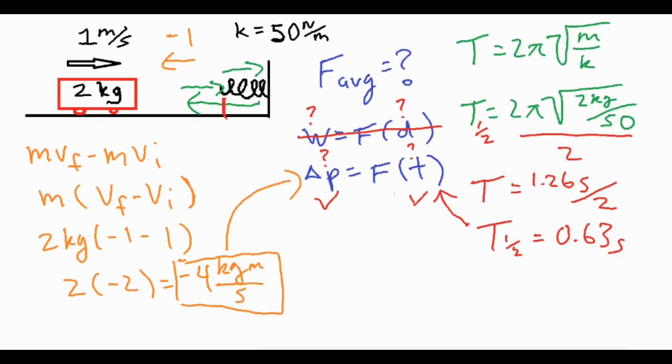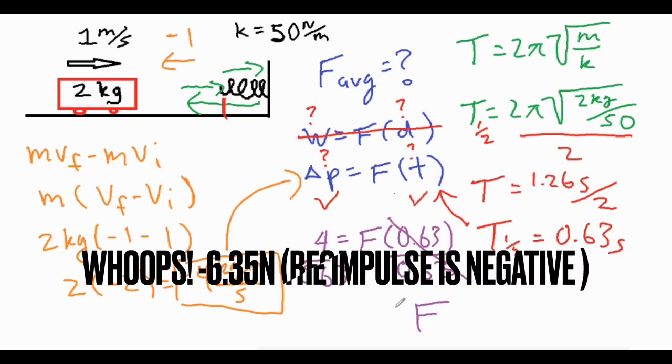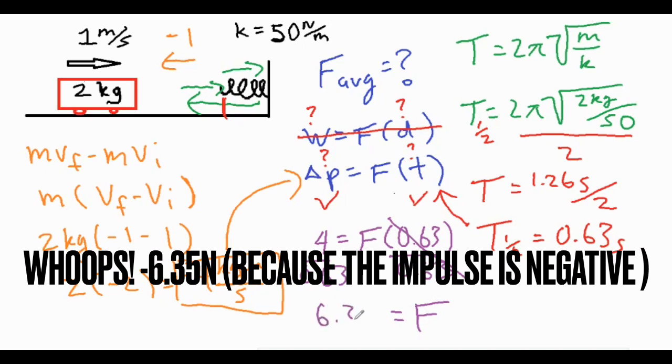So that covers both of the things I was looking for. Now I have 4 kilogram meters per second equals force times time. And as I said before, we only need to do one simple step of algebra: divide both sides by 0.63. And then my final average force comes out to 6.35 newtons.